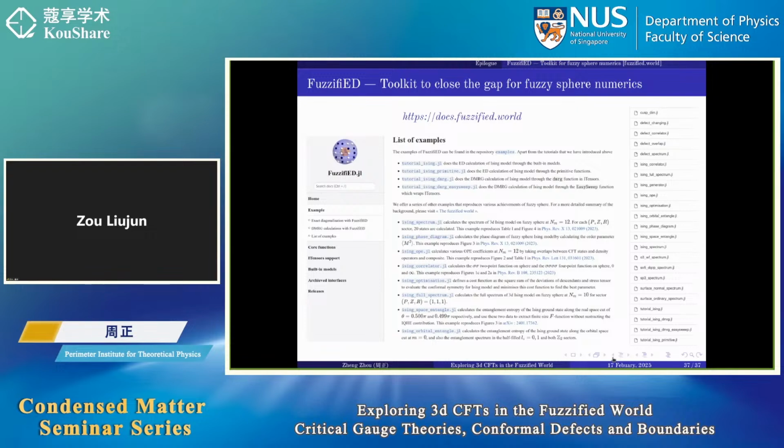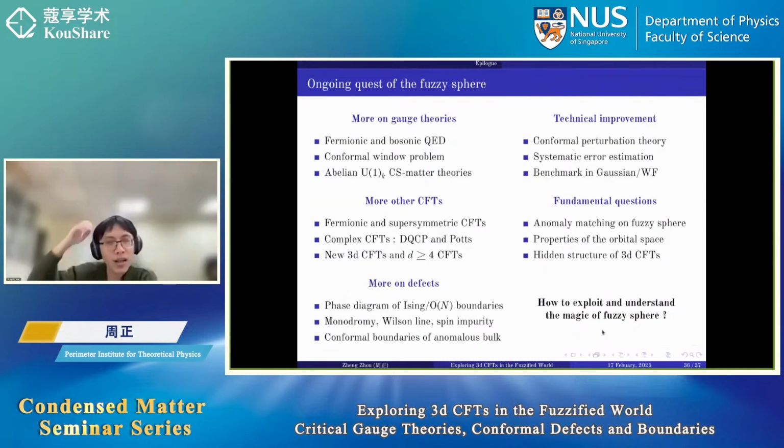Thank you, Zheng, for the very interesting and exciting talk. Any further questions? Yeah, can I ask a very naive question? It seems like this fuzzy sphere technique relies on this conformal symmetry structure, right? Yes. I wonder what is the key algebraic structure that conformal field theory provides such that you can apply this fuzzy sphere approach?